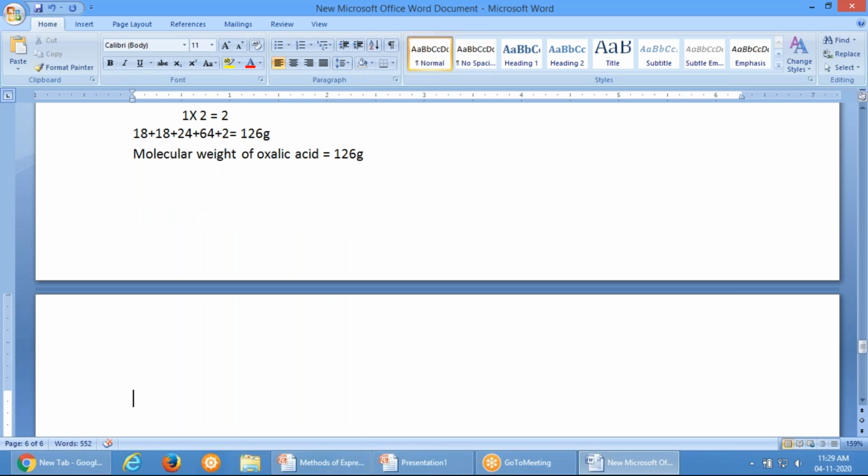Now the equivalent weight. What is the equivalent weight? 63, because of 2 replaceable hydrogen. So first tell me the formula of equivalent weight.